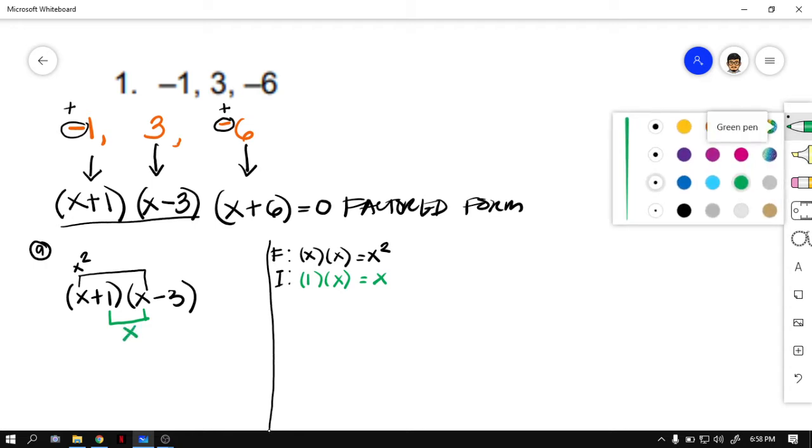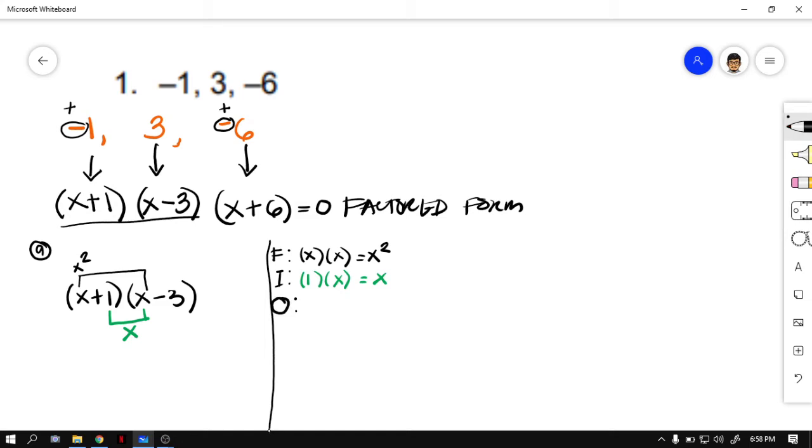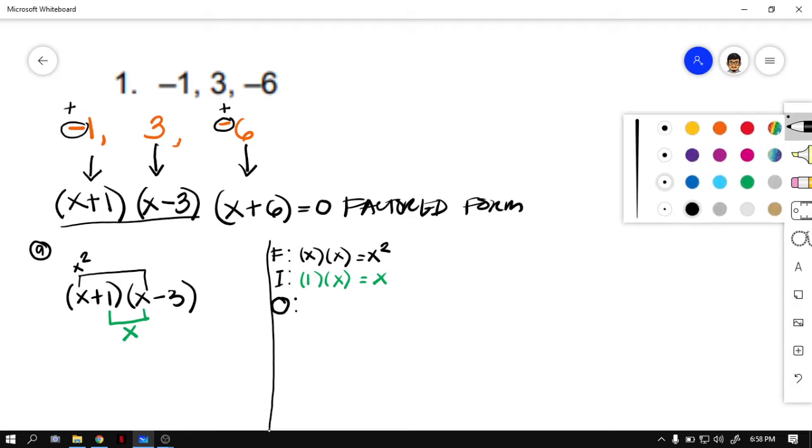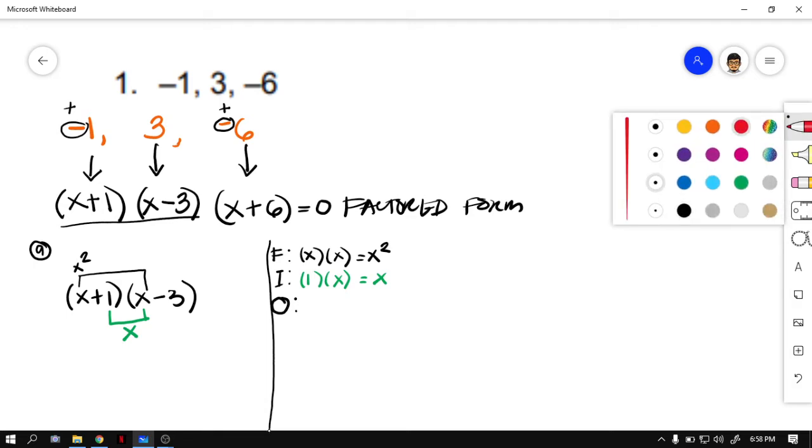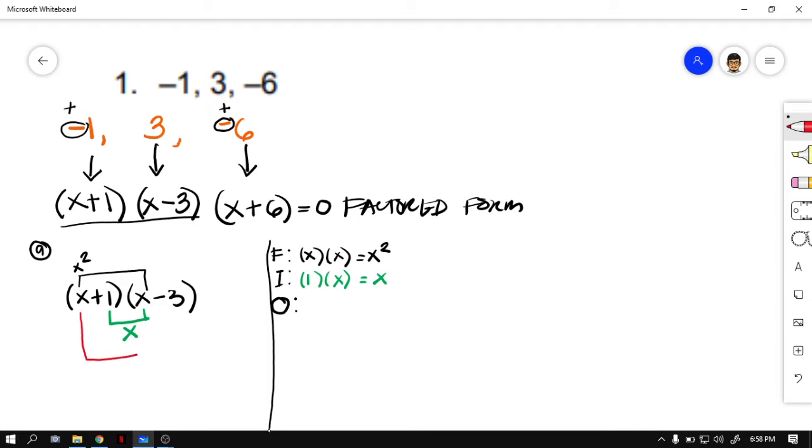And then, we have outer. Yung ating outer. Asan ang outer natin? So, these are outers. Okay. So, you have x times -3. You have negative 3x.